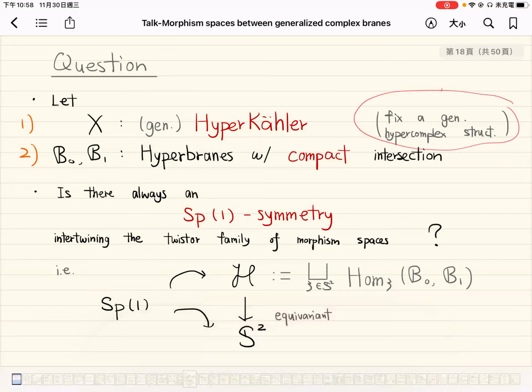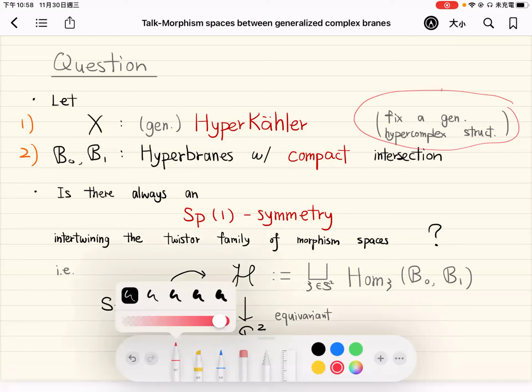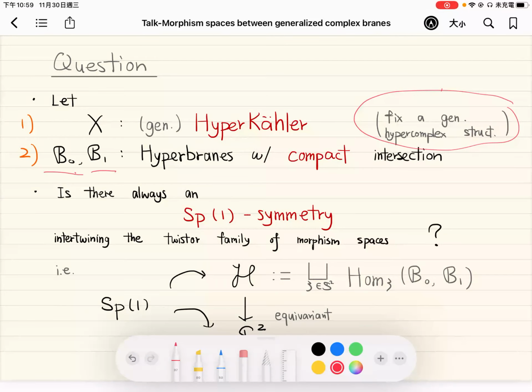Then suppose we have two hybrid branes, B0 and B1. And we also assume that they have compact, maybe also clean intersection. Under these two assumptions, we ask whether there is always an Sp(1) symmetry intertwining the S2 family of the morphism spaces, if they are all defined mathematically.